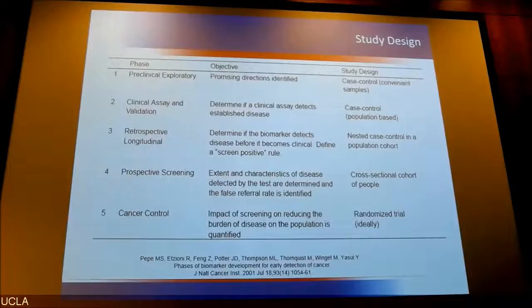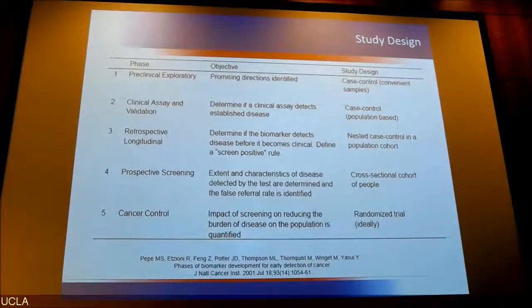Okay, so I'm going to take a large-scale view of study design. This is sort of the stages of biomarker study design, stages 1 through 5. This is from a paper in 2001 by Margaret Pepe, who's done a lot of work on study design considerations for biomarker models.